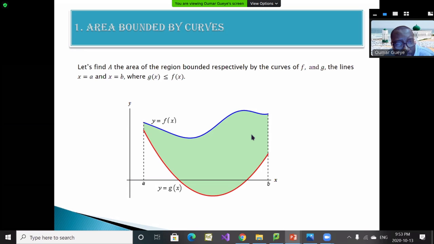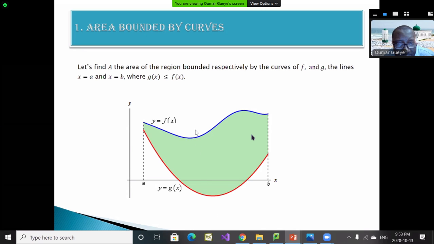So basically, when you want to calculate the area between two curves, it's going to be the integral, in the appropriate interval, of the greater function minus the smallest one. So here the greater function based on our graph is f minus g, and you integrate it from a to b. Doesn't matter if the region is above the x-axis or below.